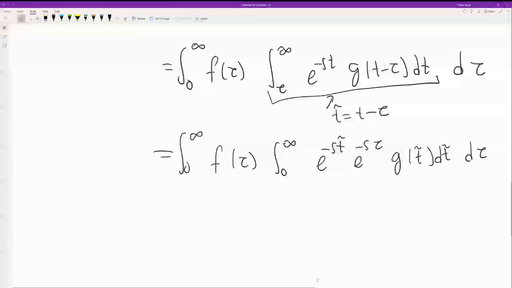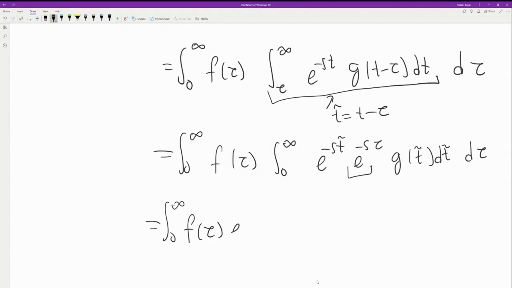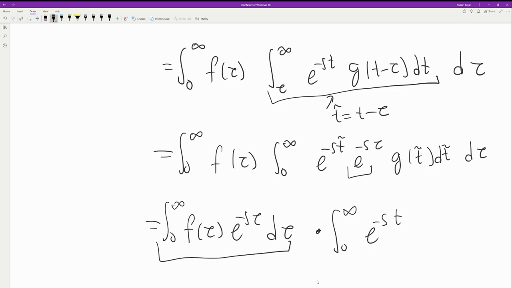And finally, we bring out the exponential. And we can write this as t, because it's a dummy variable. Good.